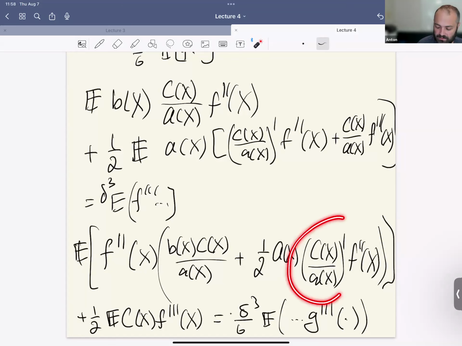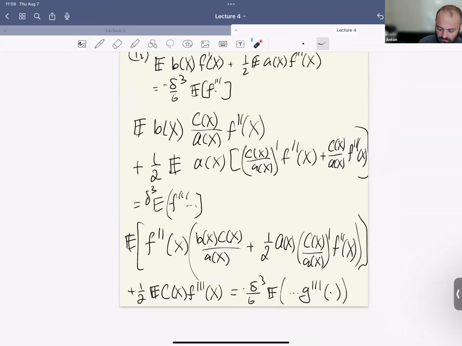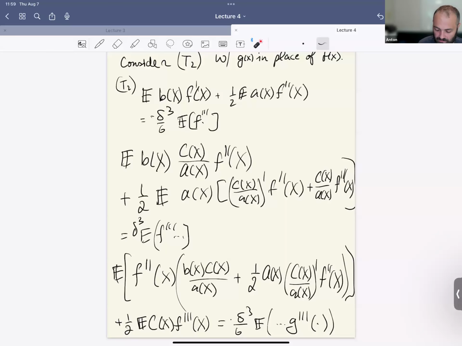So we need C over A to be differentiable. And I think the takeaway is, in theory, you can do these higher order approximations using this idea of connecting a function to its derivative. In practice, this is extremely painful, even just to implement, to compute numerically. And that's all I want to say.